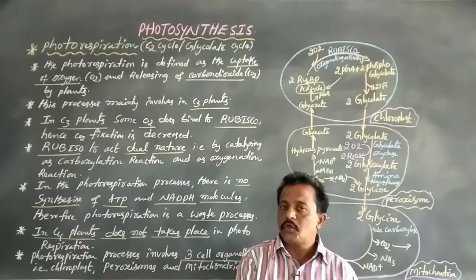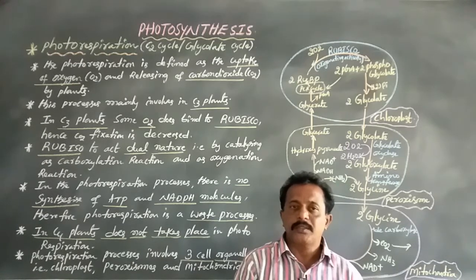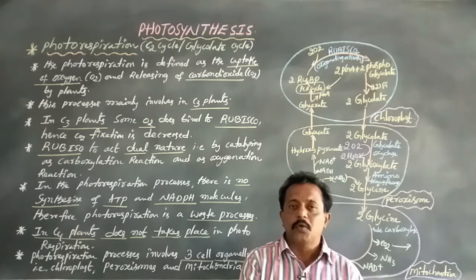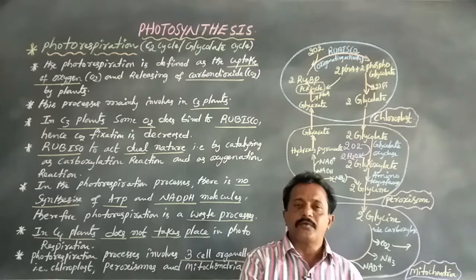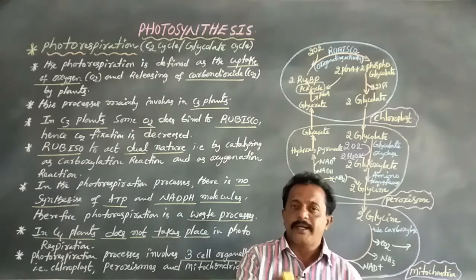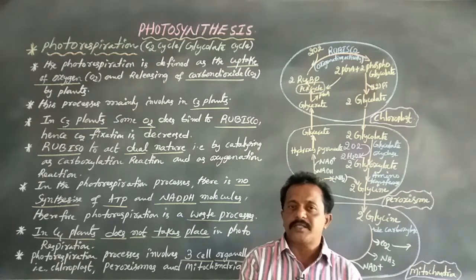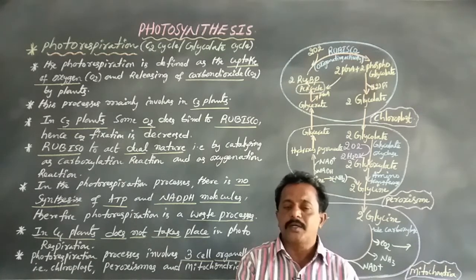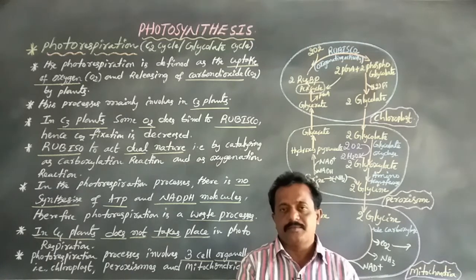In the photosynthesis process, there is generally uptake of CO2 and release of O2, that is, uptake of carbon dioxide and releasing of oxygen. And in the respiration process, there is uptake of oxygen and releasing of carbon dioxide. This is a common phenomenon.